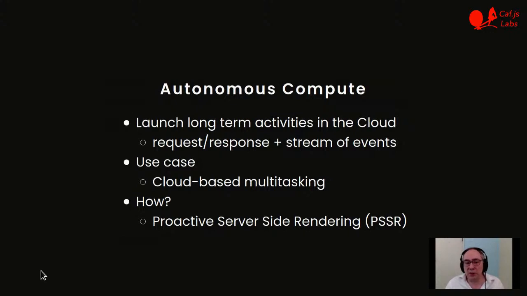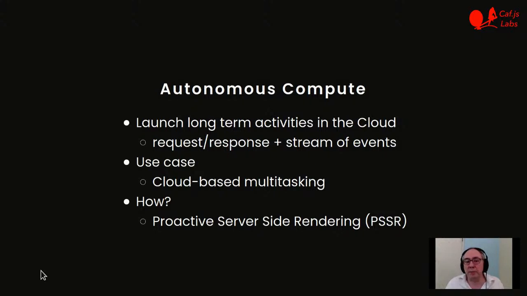The way we actually do that is with a technology that we call proactive server-side rendering. With proactive server-side rendering, we don't wait for a request to arrive at the server to render a page. Whenever the cloud assistant detects a change in its internal state, it will re-render the page and push it to a cache that hopefully is closer to where you live.